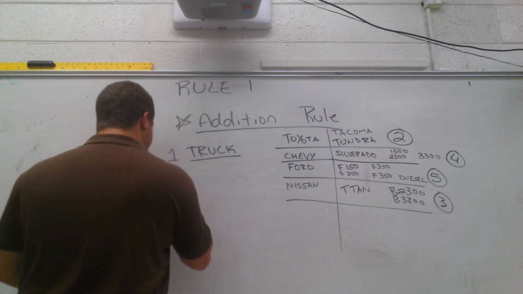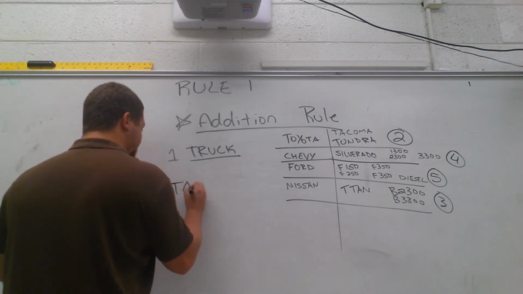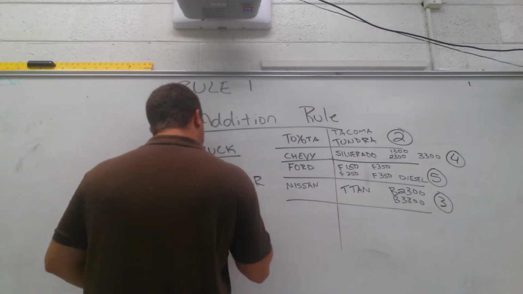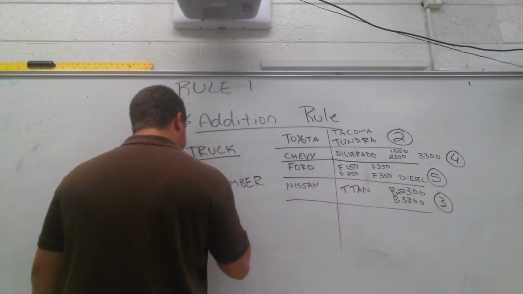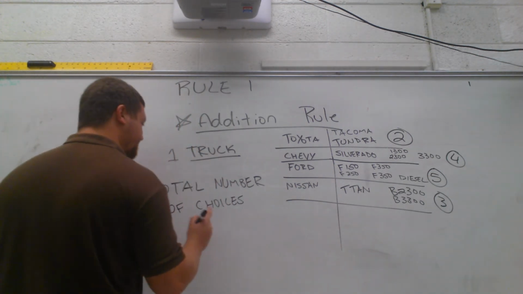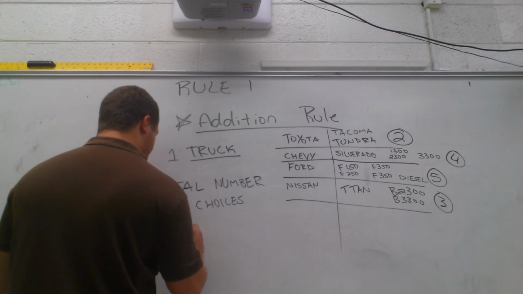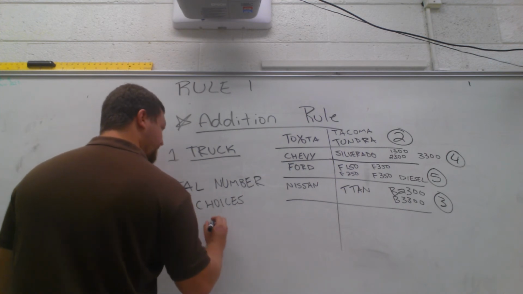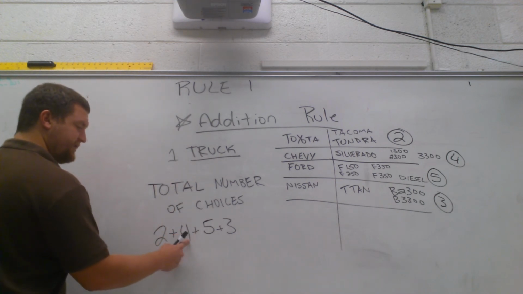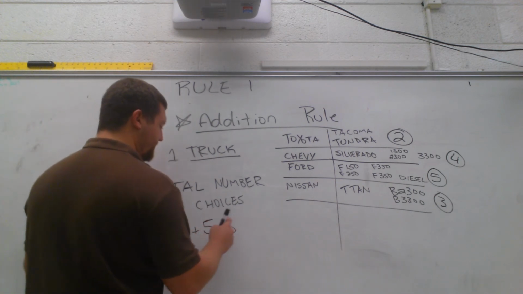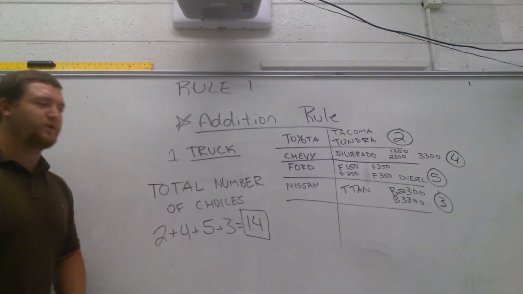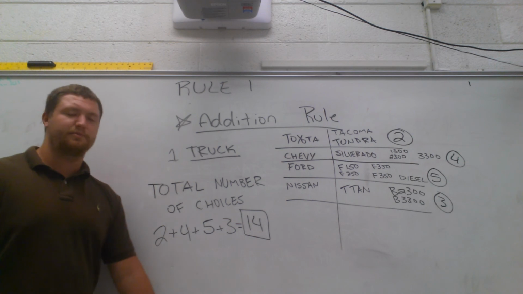So to find the total number of choices, I'm going to add up my options. So for Toyota, I have 2 options. Chevy 4, Ford 5, and Nissan 3. So 2 plus 4 is 6, 6 plus 5 is 11, 11 plus 3 is 14. So if I'm going to buy a truck, I have 14 options, or 14 models of truck I could buy.